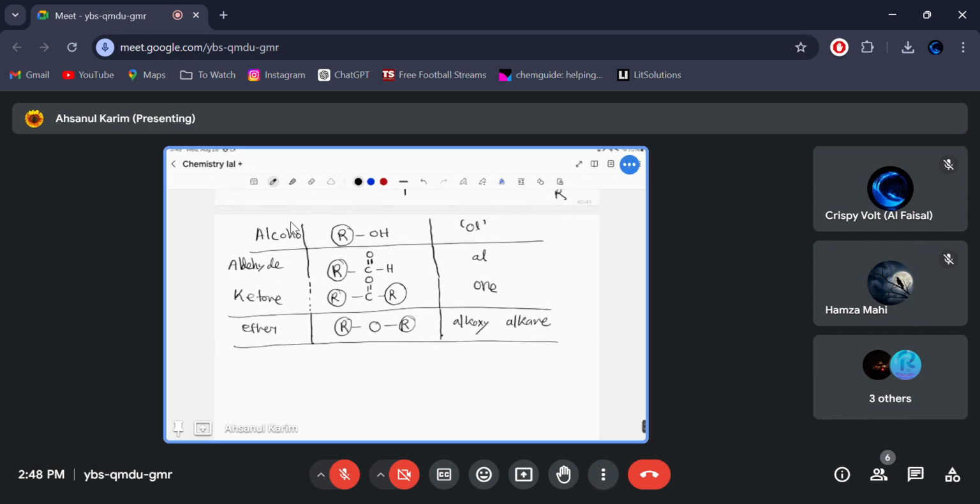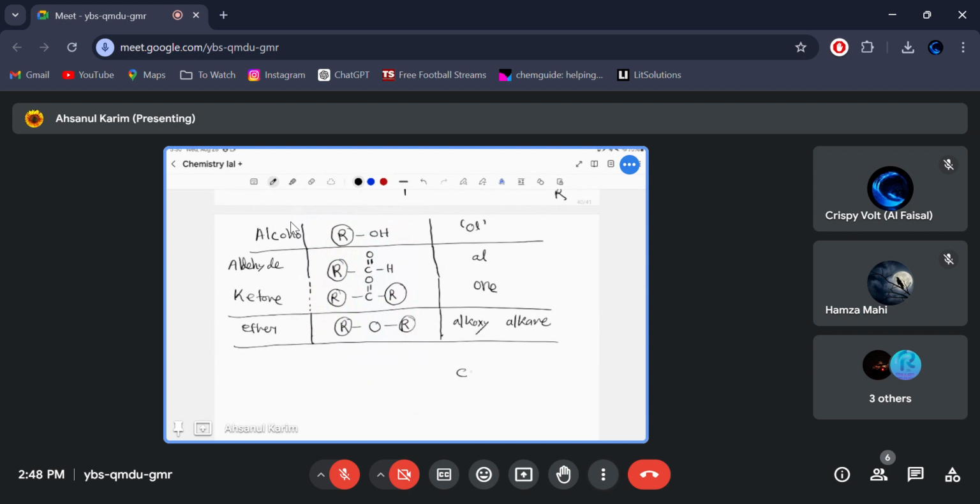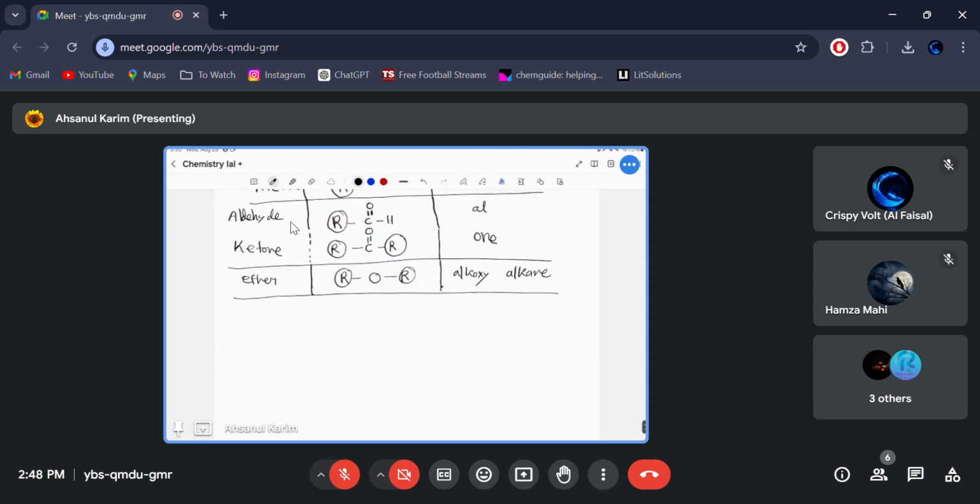Formaldehyde is a common name for this aldehyde, methanal. It is one kind of aldehyde, known as formaldehyde. I'll show that later.